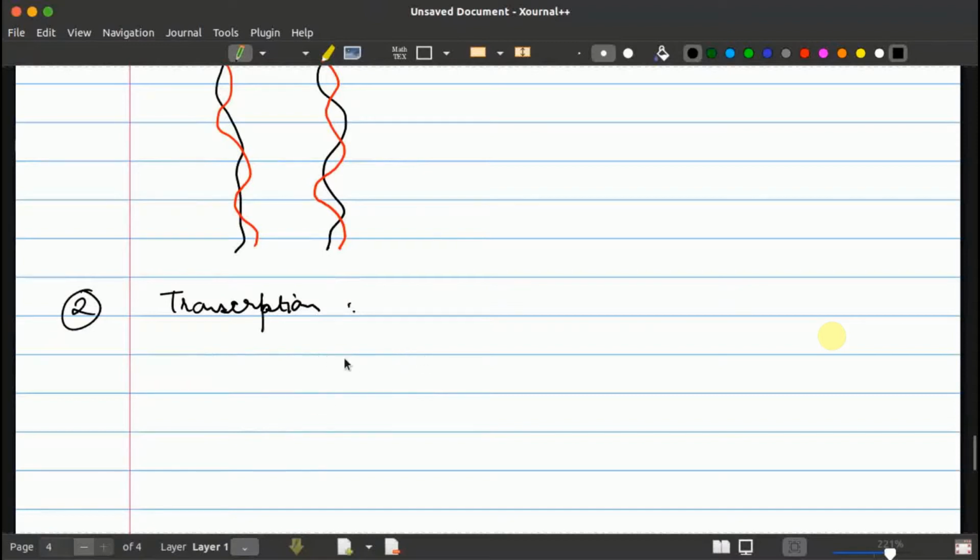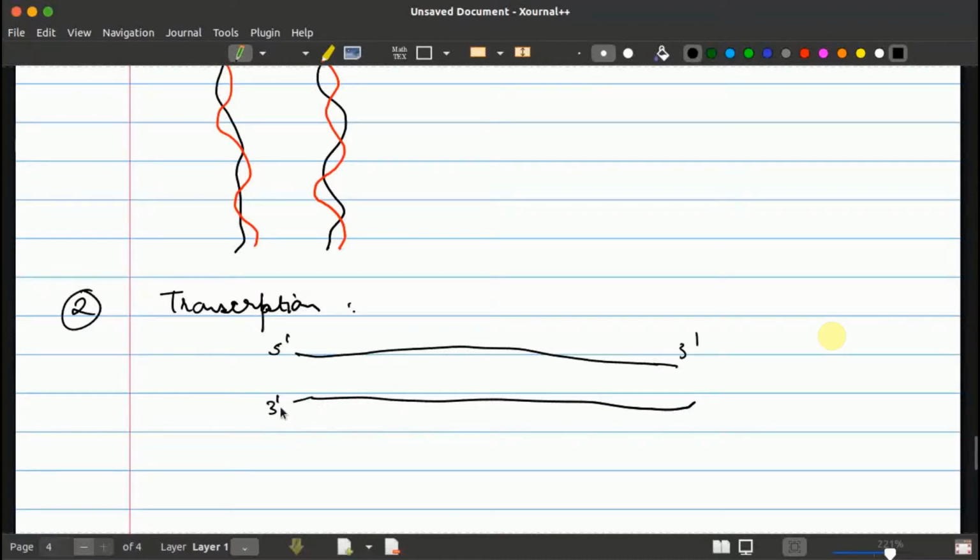So one thing in transcription is that there are two strands of DNA. Which will you transcribe from? Again, 5 prime to 3 prime.